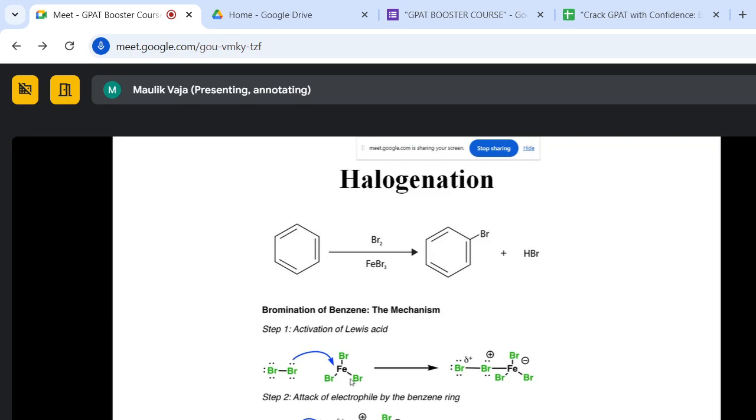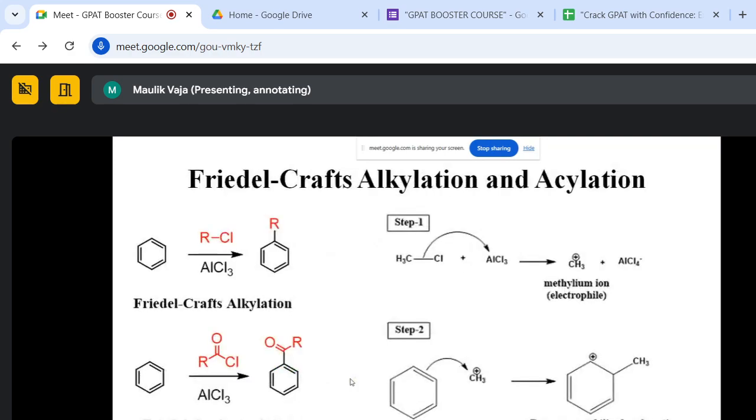Lewis acid increases the polarity of the Br-Br single bond, and it forms the electrophile. FeBr3 is called a Lewis acid. So this is about halogenation.